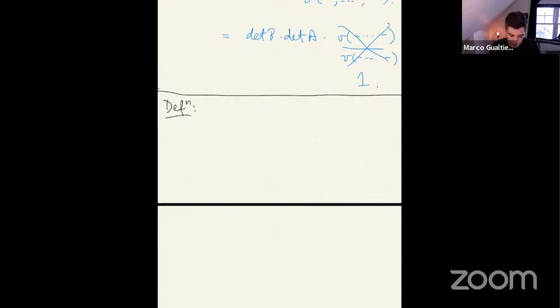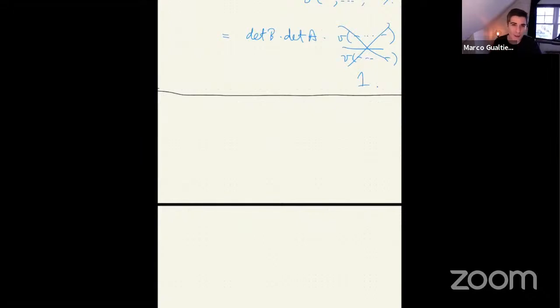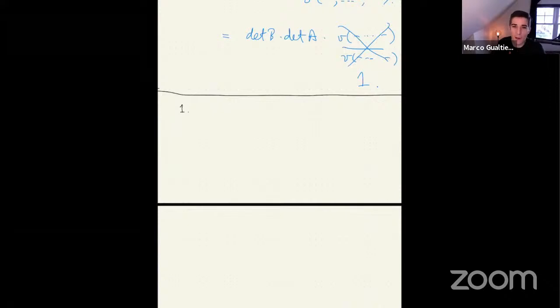Okay, maybe I'll just give a list of topics that I could cover if we had a lot more time. So number one, the determinant still plays the role of determining whether a linear transformation is invertible or not.